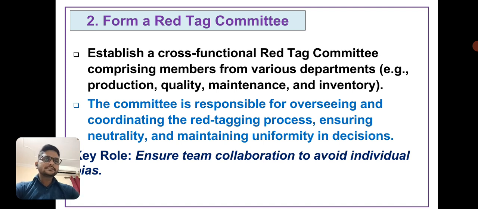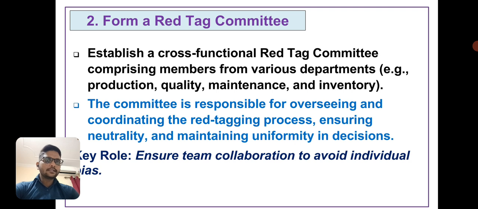For this, establish a cross-functional red tag committee comprising members from various departments, like production, quality, maintenance, inventory, stores, etc. The committee is responsible for overseeing and coordinating the red tagging process, ensuring that decisions made by the committee are uniform. We need to ensure team collaboration to avoid individual bias.